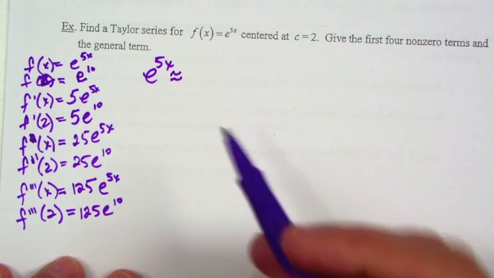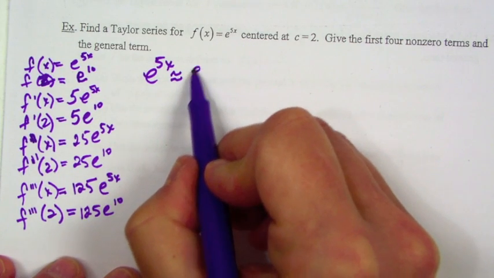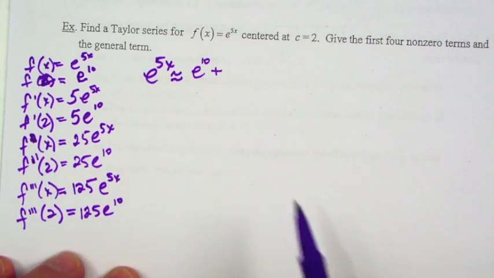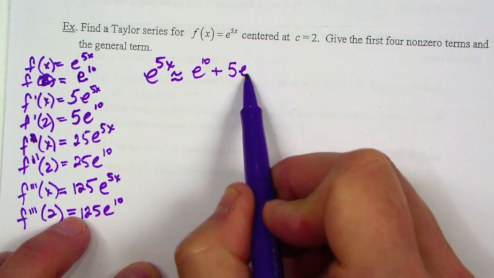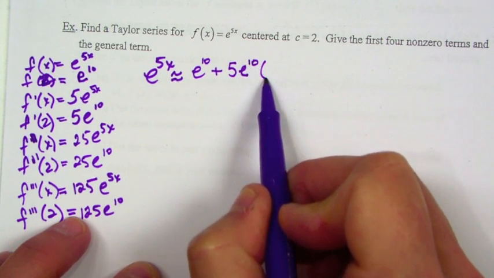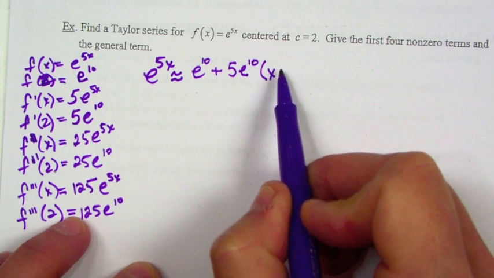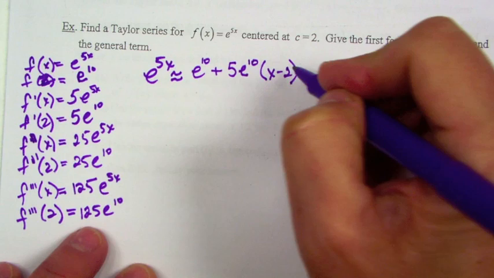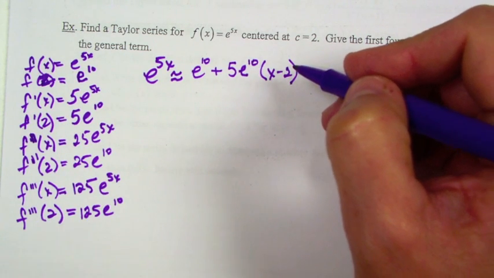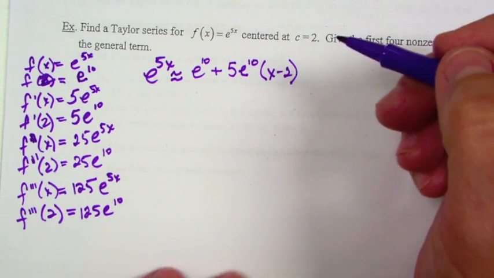Okay, so here we go. e to the 10th plus 5e to the 10th times x minus 2. Everybody with me? Right? I'm just following my definition of a Taylor polynomial over there for now.